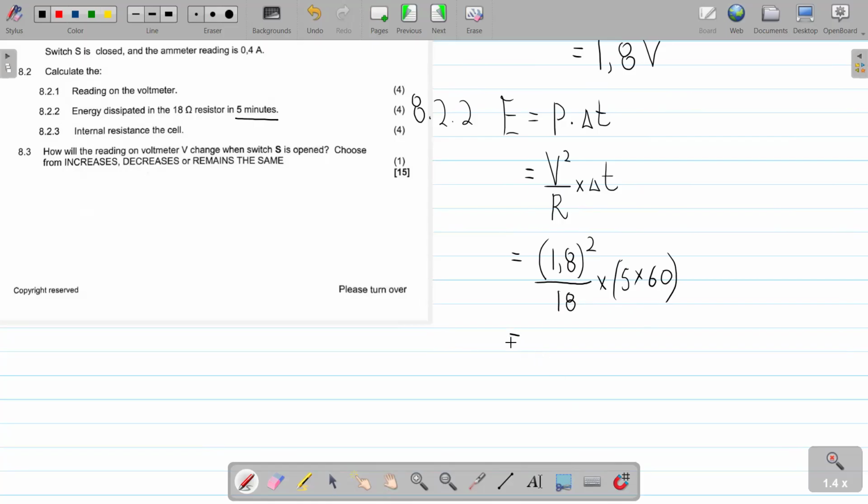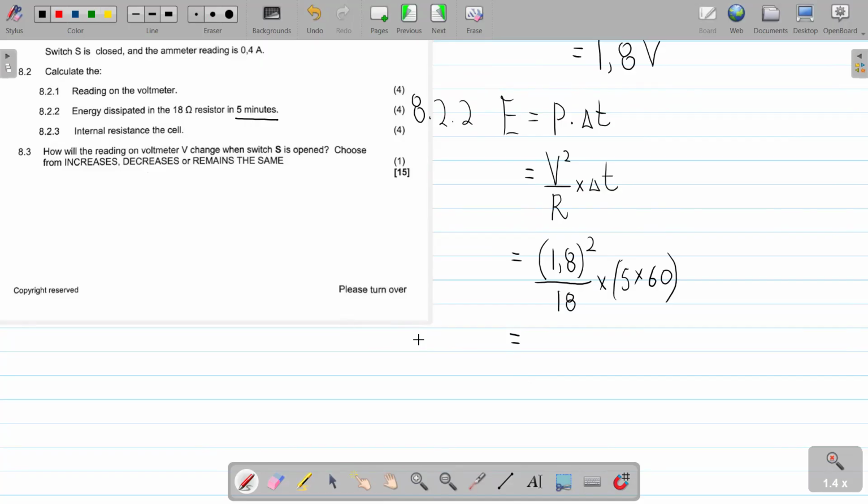It's going to be equal to... So you use your calculator here.